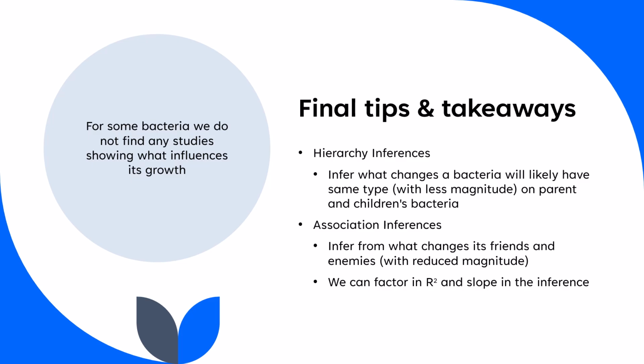The nice joy about association inferences is that we can factor in the R squared and the slope in the inference. So the amount of the reduced magnitude depends on R squared and the slope, so that we end up being a bit more accurate in our inference.